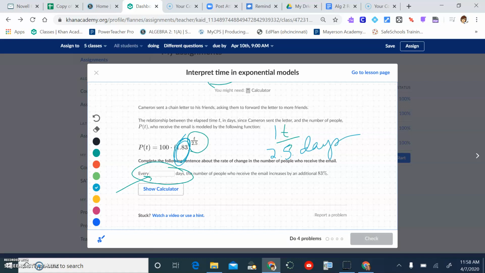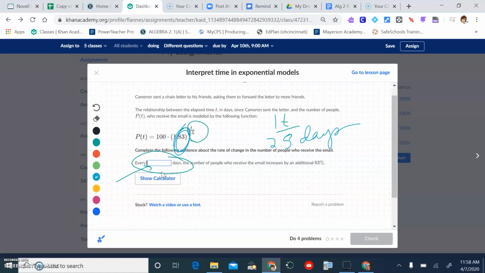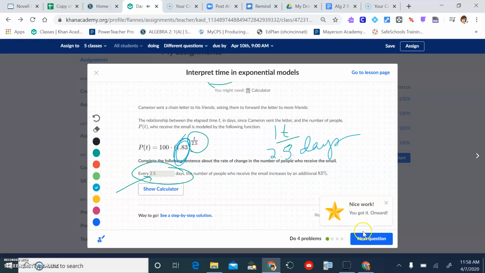One time every 2.5 days. So when they're saying every blank days, the number of people who receive this email increases by this 83%, well, then it's just 2.5 days because this happens once every 2.5 days.